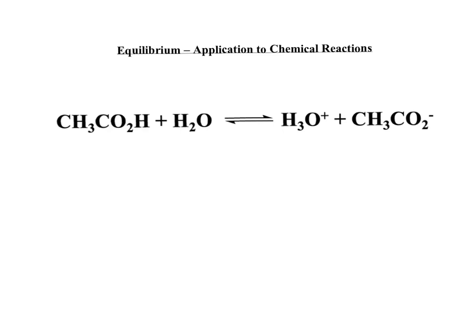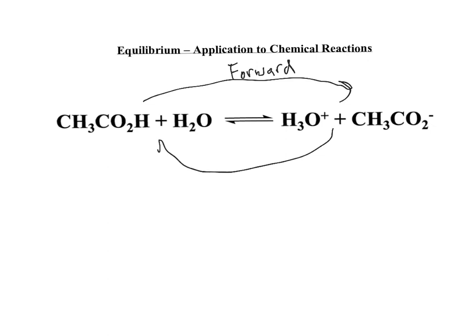We can think of this direction going from left to right. We'll call that, for the purposes of this discussion, the forward reaction. And I bet you can guess what I'm going to call the back reaction. I'm going to call it the reverse reaction.